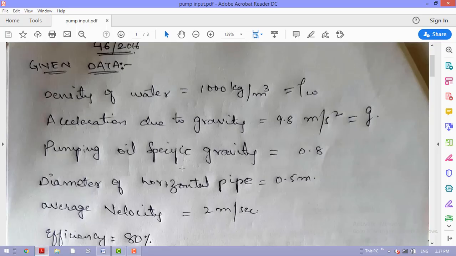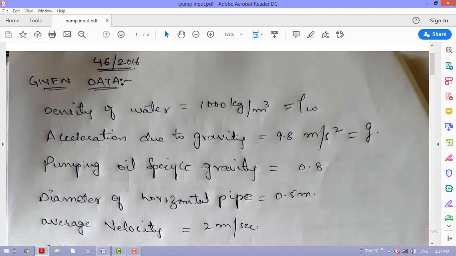First I wrote the given data for reference purposes. You can see at the top I wrote 46 2016, so it is question number 46 in the GATE 2016 petroleum engineering exam. The given data is: the density of water is 1000 kg per meter cube and the acceleration due to gravity is 9.8 meters per second square.